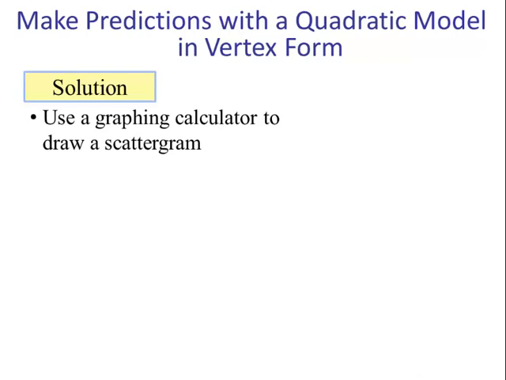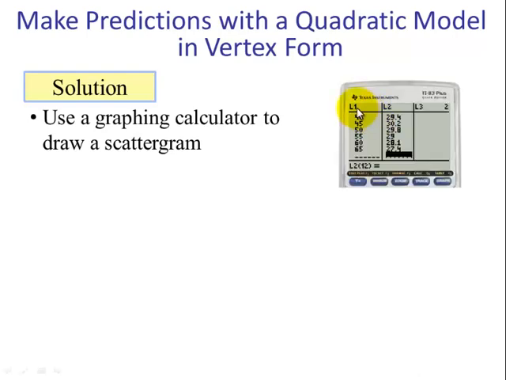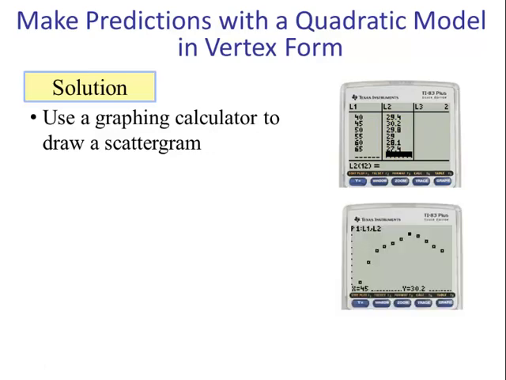Solution: use a graphing calculator to draw a scattergram. So I entered the data in list 1. In list 2, I entered the fuel economy. Hitting second and y equals, stat plot, and then zoom stat, number 9. We see the data. It does look somewhat quadratic.